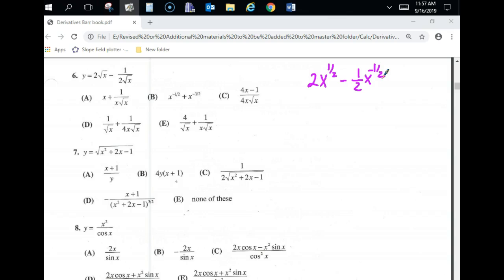So this is going to end up being x to the negative 1/2 plus 1/4 x to the negative 3/2, right? From there, we're going to rewrite it.